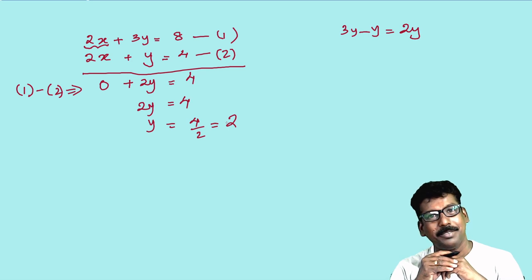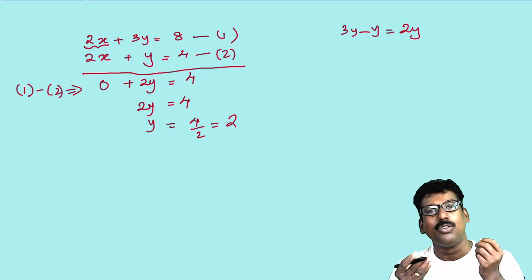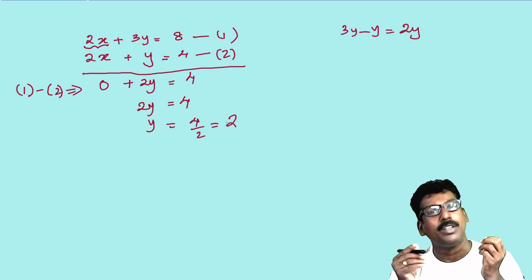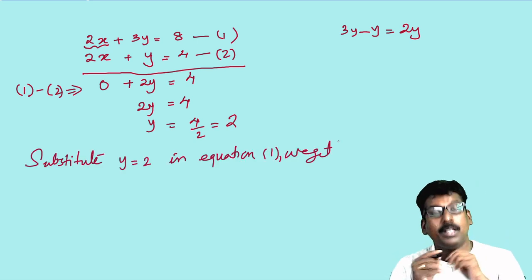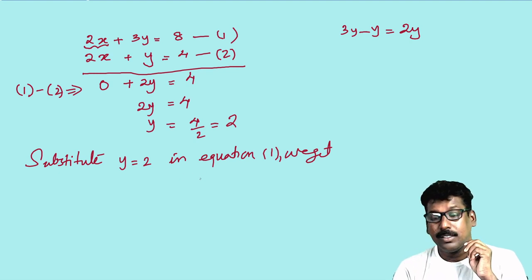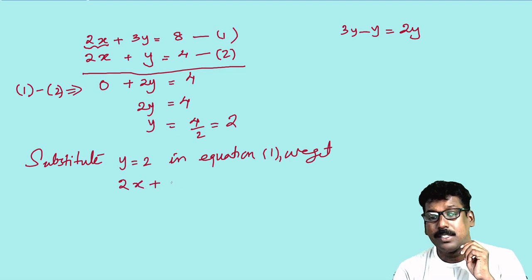Very simple. Now, how to get the value of x? Substitute y is equal to 2 in equation 1. We get equation 1 as 2x plus 3y, 3y means 3 into 2, is equal to 8.